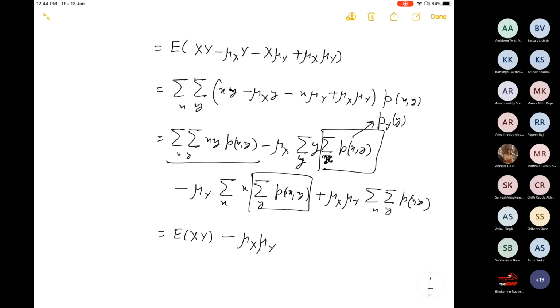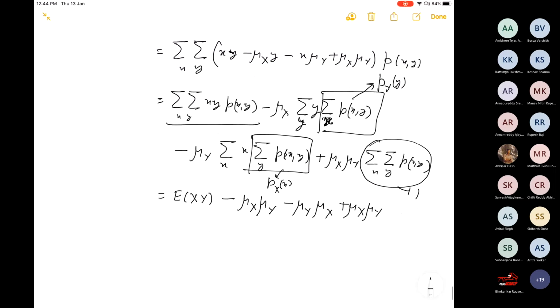Similarly, this will be the marginal of x, the summation of x p(x), that will be mu x, plus mu x mu y. The double summation of the joint is 1, so one of the values will cancel out. Therefore this is the expected value of XY minus mu x mu y.